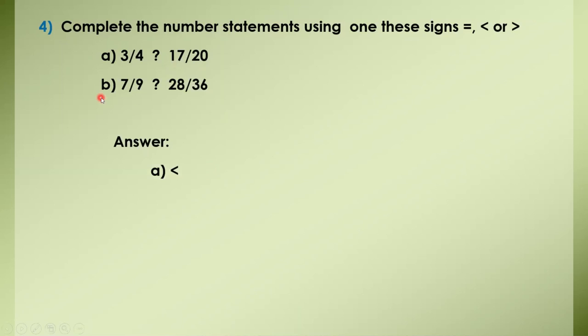Now what about the B part? 7 by 9 and 28 by 36. So the first step is to try to simplify the larger fraction. Here 28 by 36. Just find out whether 28 and 36 go in any of the tables. Will they go in any single table, 28 and 36?